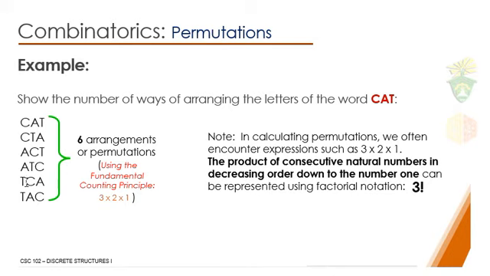This is generated using the fundamental counting principle, the product rule. So we have 3 times 2 times 1. Why 3 times 2 times 1? Where does 3 come from? 3 is the number of characters, or letters, in our word cat.